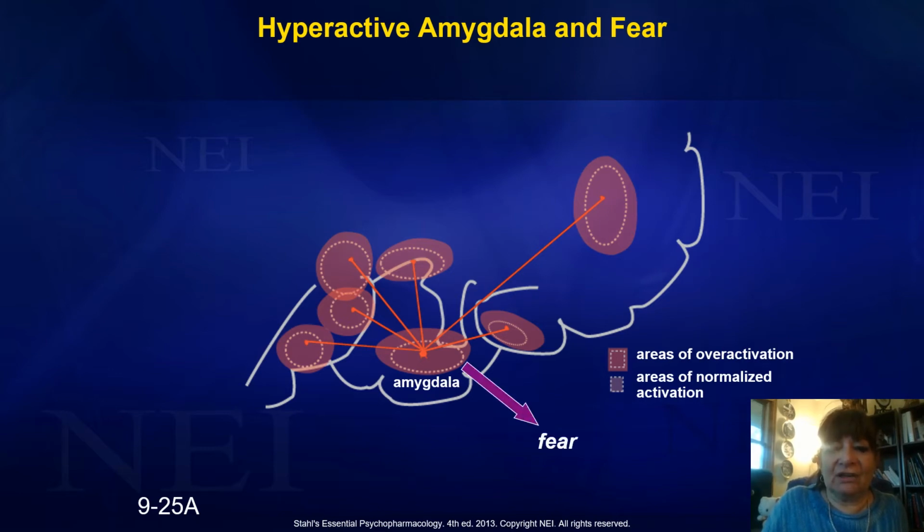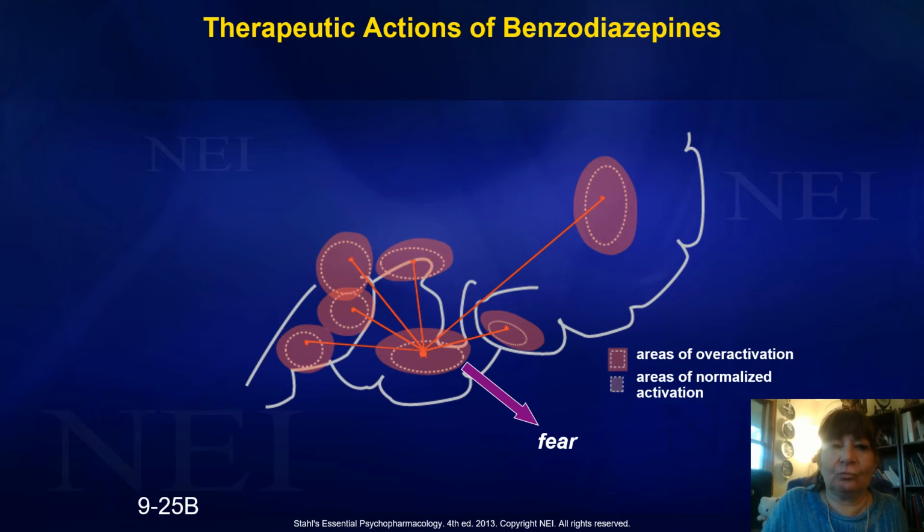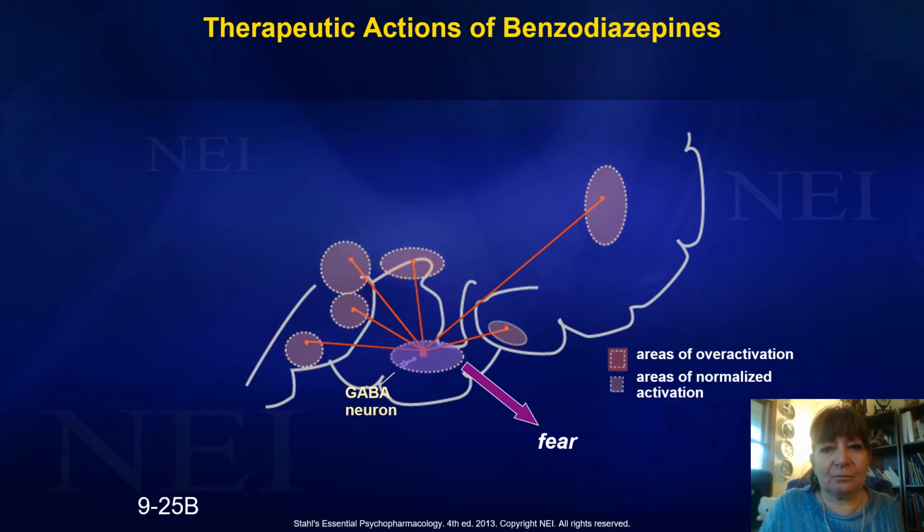The person has fear. And there we see the GABA neuron. So that's where the benzodiazepine would work. And so when we've got the GABA action, then the fear can go away.